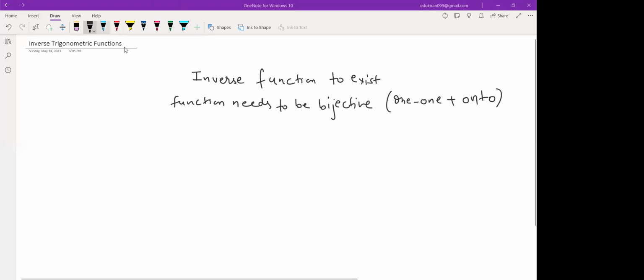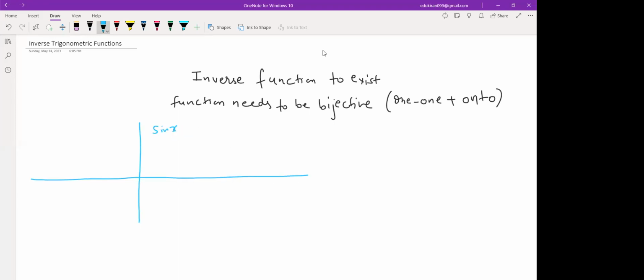When we see a function, for example, the sine function, sin x, it is like this, and it goes from minus infinity to plus infinity.